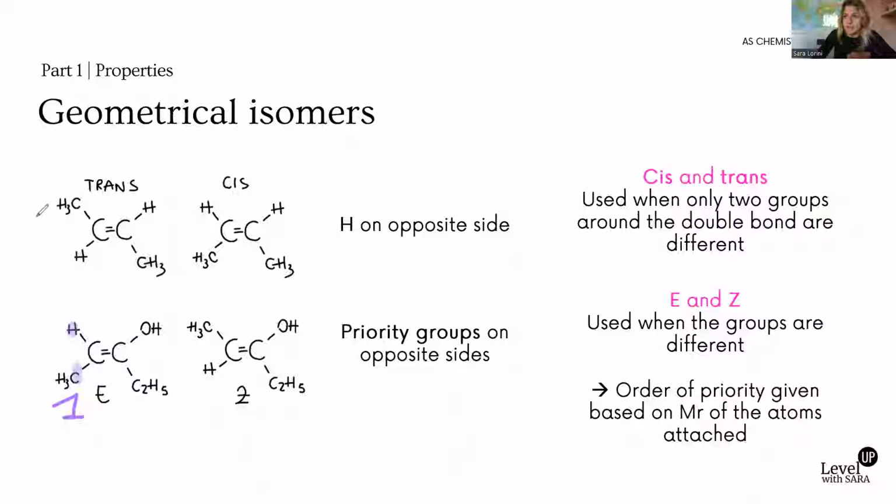If we compare carbon and oxygen, not the whole group, my apologies, but carbon and oxygen, of course, oxygen takes priority, so this will be our number 1. Priority groups on opposite sides, it's E. I hope you get it. Otherwise, check the AS Chemistry crash course for a lot more worksheets and guided explanations.